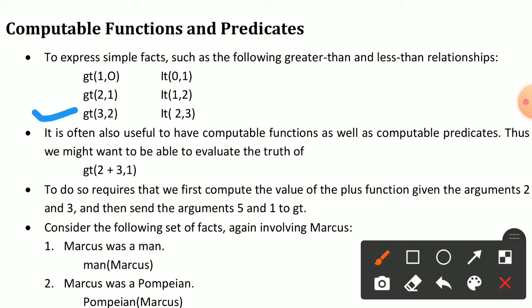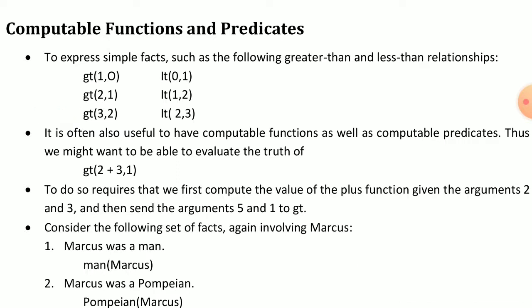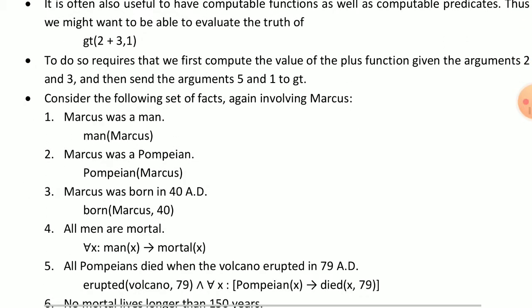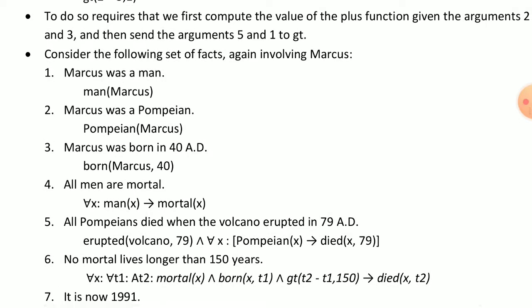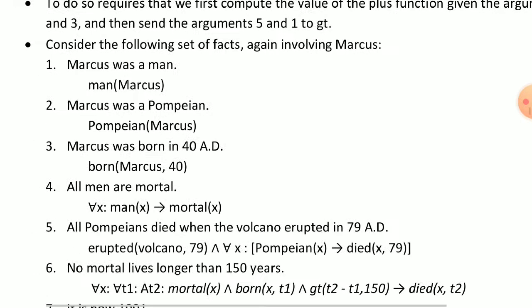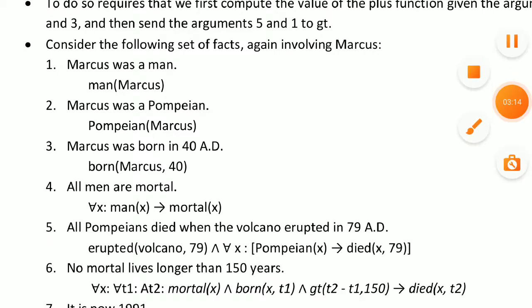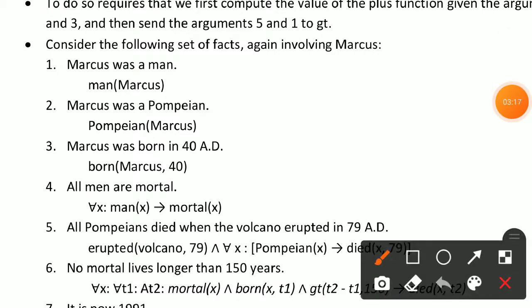Now we can consider the following set of facts, again involving Marcus. We can take the previous example of Marcus. First, Marcus was a man. So we can write the sentence like this: Marcus is an object.